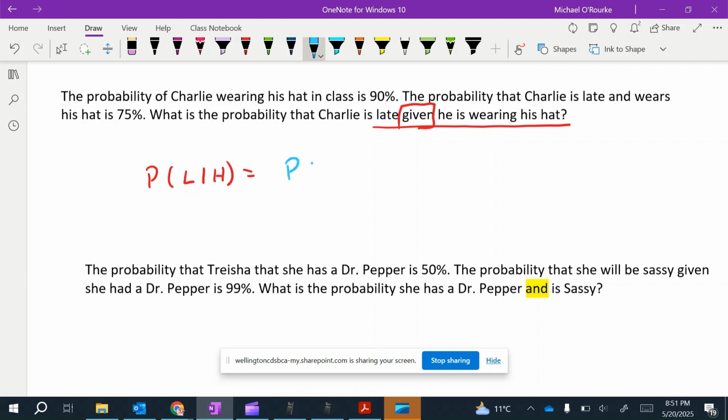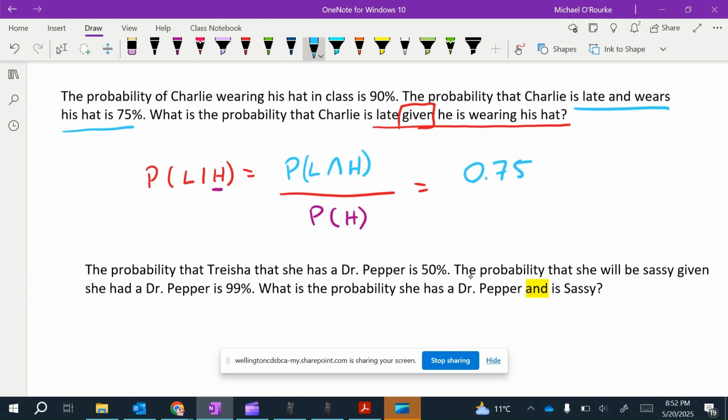Equals the probability he's late and is wearing a hat divided by the probability, if I look here, hat, he's wearing a hat. So that's going to equal probability he is late and wears hats right here, which is 0.75, divided by the probability he's wearing a hat is 0.9.